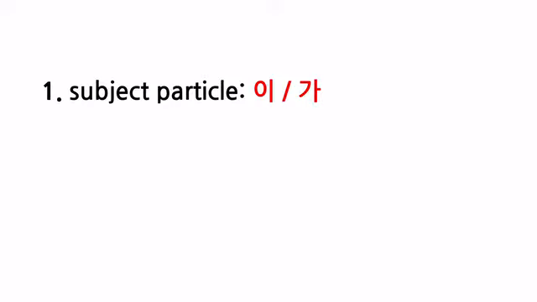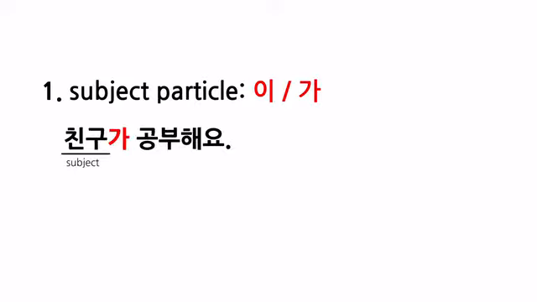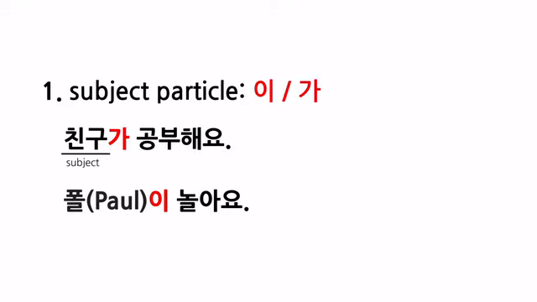If there is no final consonant, you're going to use 가. 친구가 공부해요. Notice that 가 is used for this noun 친구 because 구 does not have a final consonant. Take a look at another example. 폴이 놀아요. Notice that 이 is used for this noun 폴 because it has a final consonant.